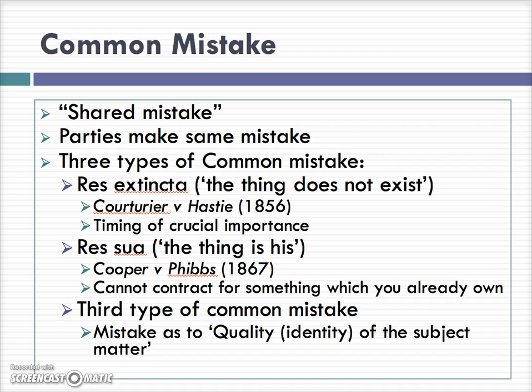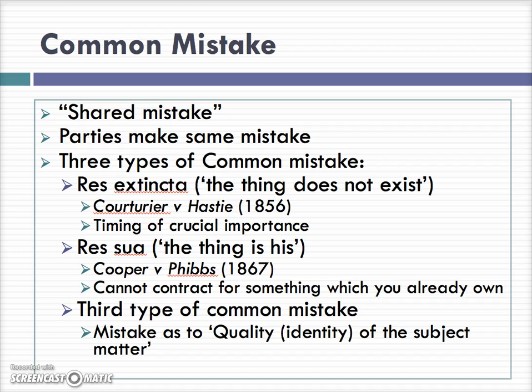A good case to demonstrate this is Cooper and Phibbs. Cooper and Phibbs was a case about a fishery which was owned by someone, or supposedly owned by someone, an uncle. And when the uncle passed, the aunt, who supposedly inherited the fishery, leased it to her nephew. And the nephew paid money.